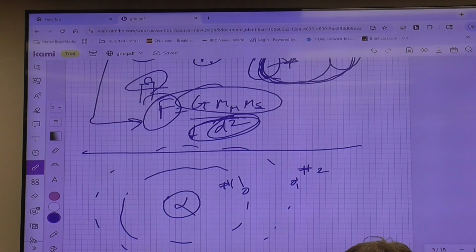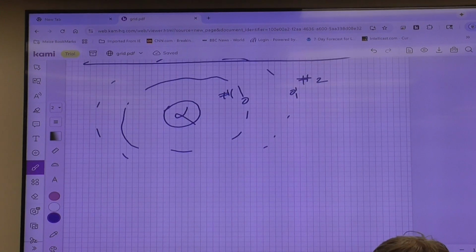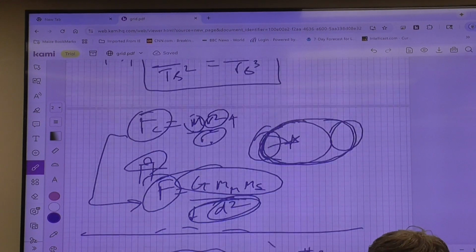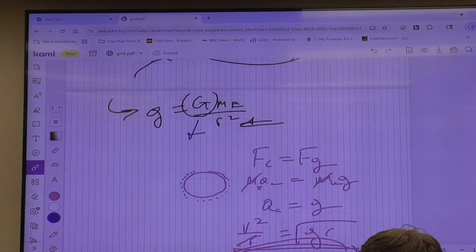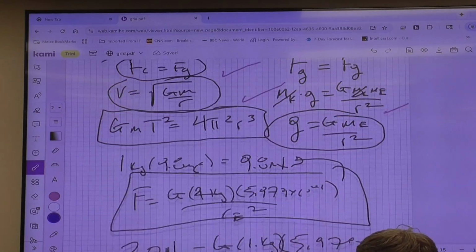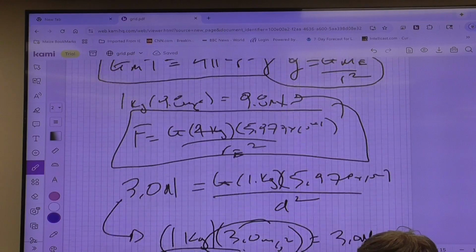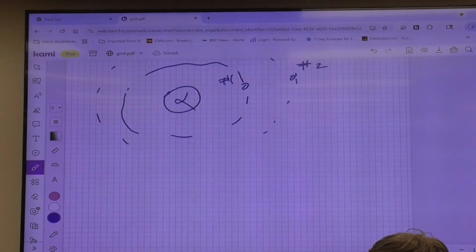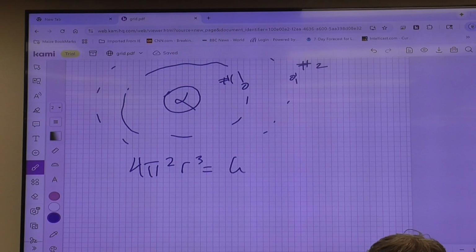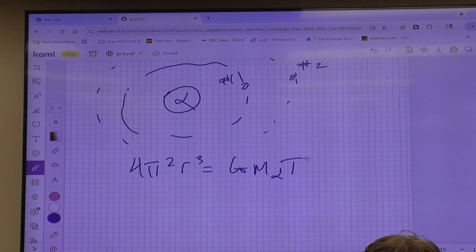So when you do this, this is why it has to orbit the same center. If you look at that big equation, that Swiss Army knife equation, you've got 4 pi squared r cubed equals big G mass of alpha times T squared.